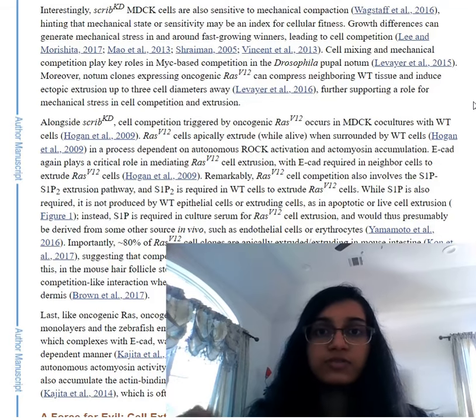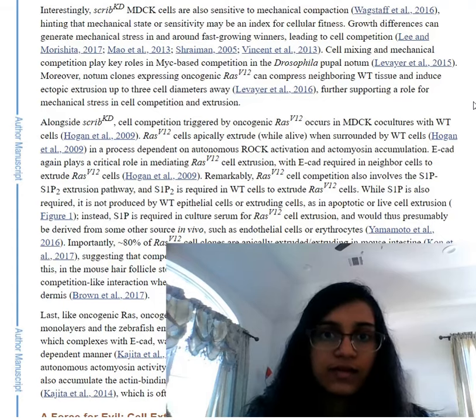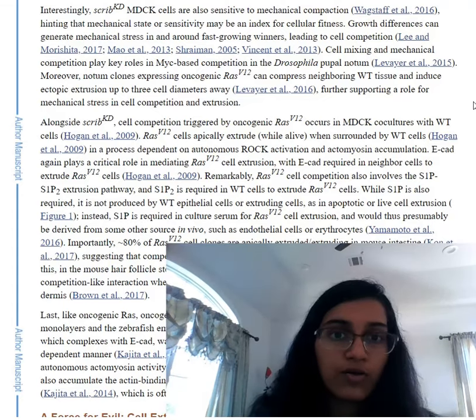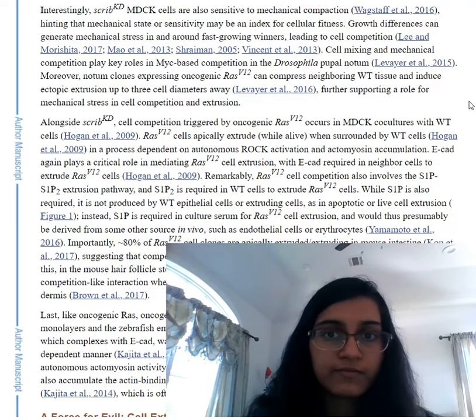So this leads to cell competition between a wild-type cell and adjacent aberrant cells as well, and at the same time you have mechanical compaction going on, which cell extrusion would also respond to.